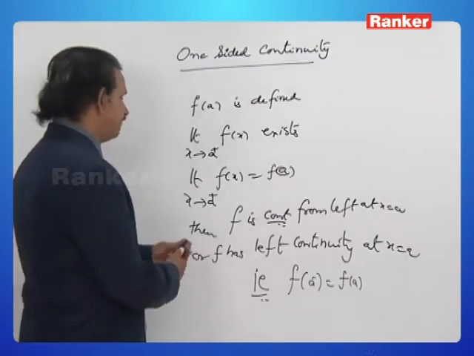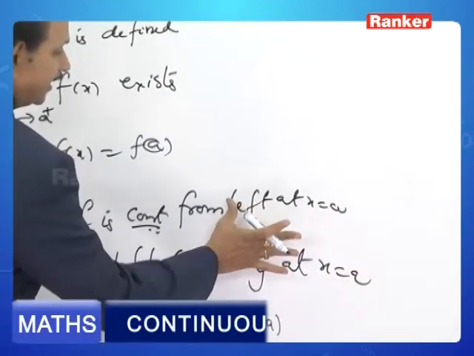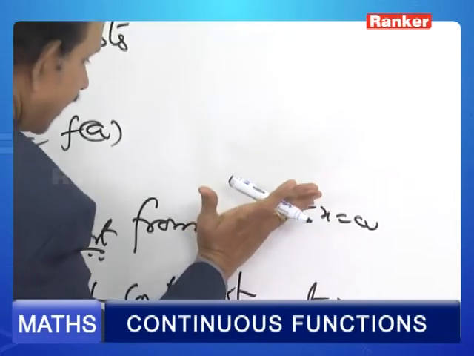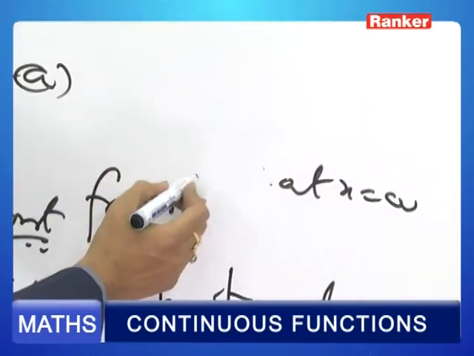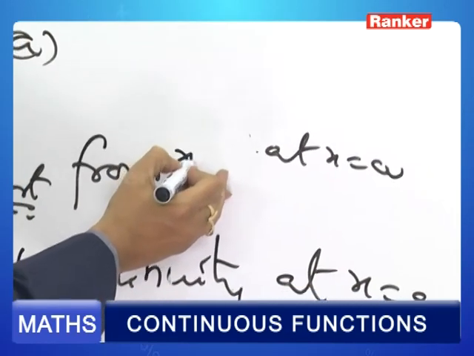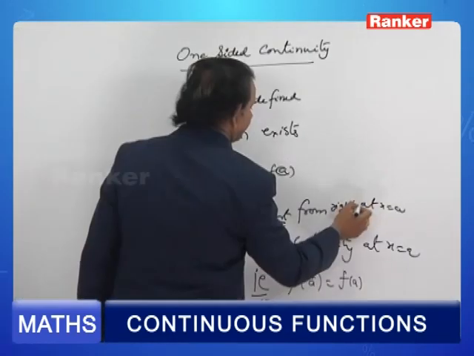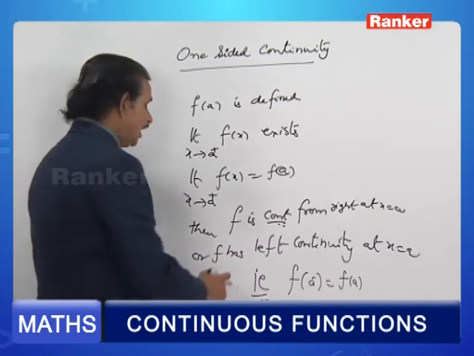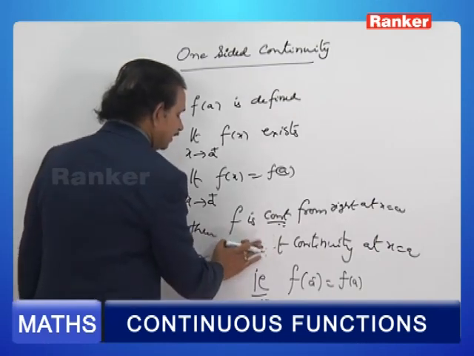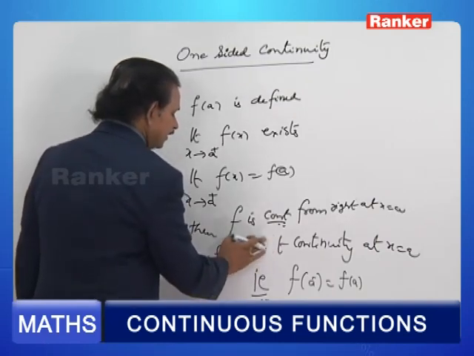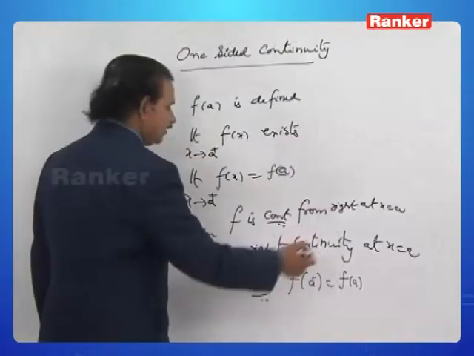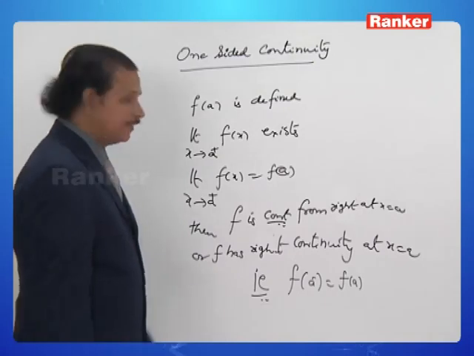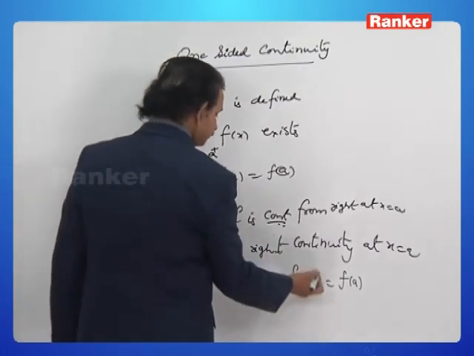So that f is continuous from right, we say. From right at x is equal to a, or right continuity at x equal to a. Then this condition changes.